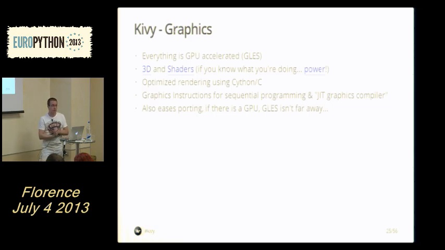Next step, the graphics. It doesn't seem obvious, but everything you see is graphics. And because we are running on desktop and mobile, we need to have a common place to do the graphics. So everything you see is going on top of OpenGL ES.